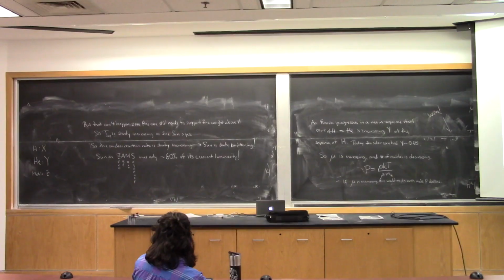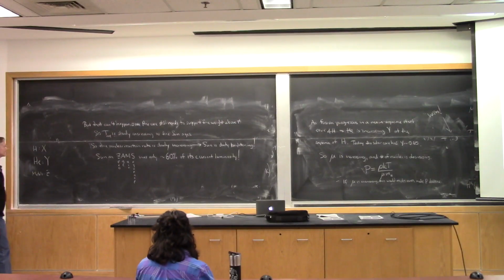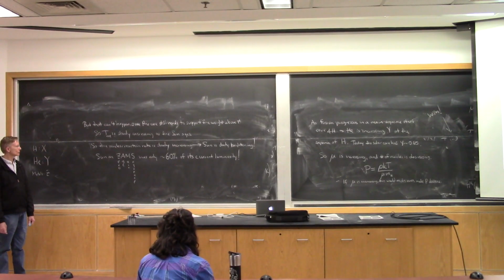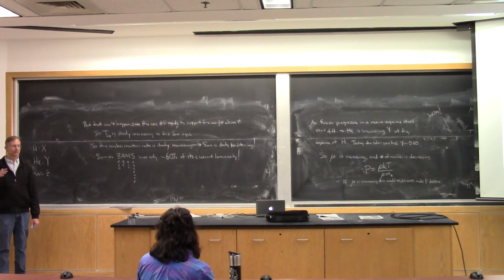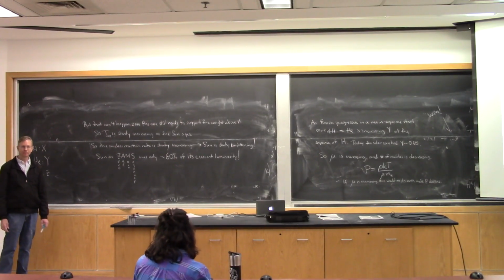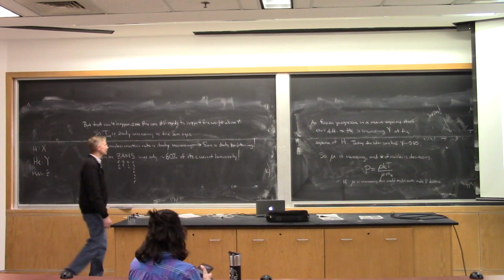Then we say it's on the zero age main sequence at that point. Zero age main sequence is when a star's just ignited hydrogen fusion in its core. When the sun first started fusing hydrogen in its core, it was only about 60% of its current luminosity. And it has been slowly increasing in luminosity ever since, as the core temperature increases.